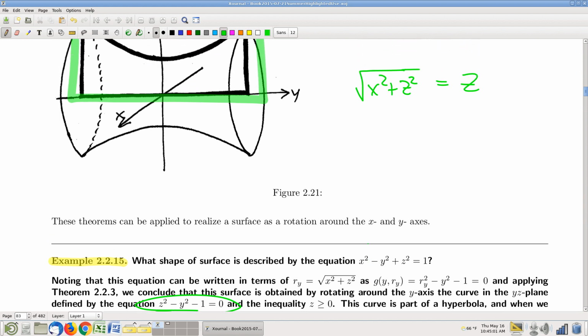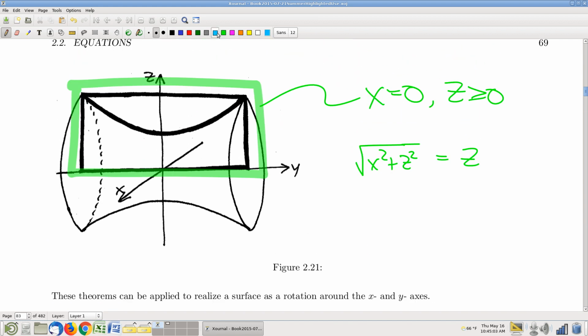This hyperbola goes, this hyperbola, with the highlighter. Here we go. Hyperbola is like this. Oh wait, we only want the part in the appropriate half plane. Not that it matters in this case.